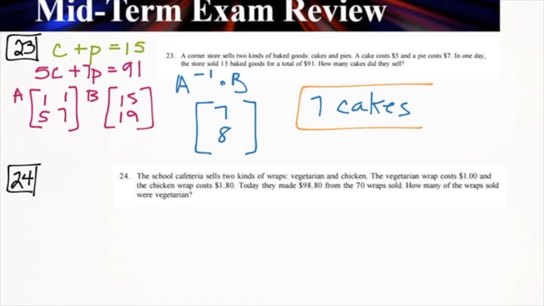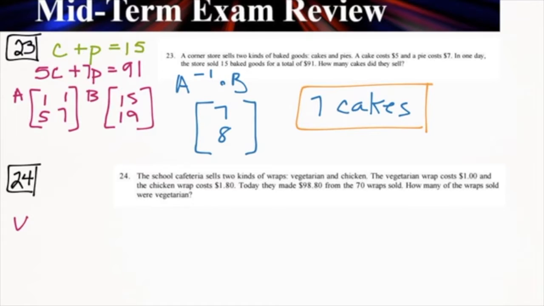Okay, all right, let's try the next one, number 24. So I've got vegetarian and chicken. So I'm going to do, it says they cost $1 and $1.80. They made $98.80 and they sold 70. So let's do V. Let's change that real quick.